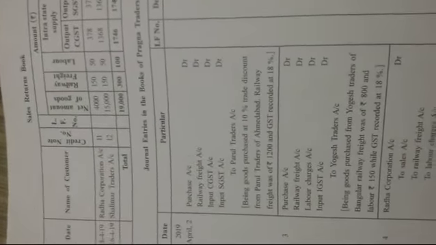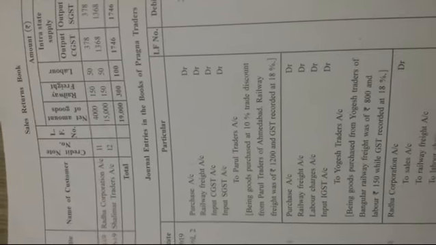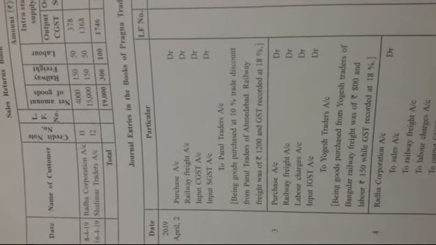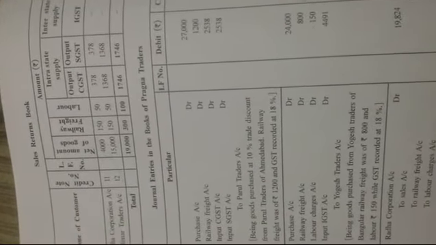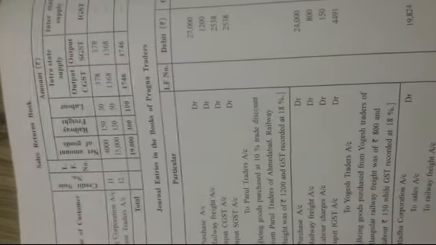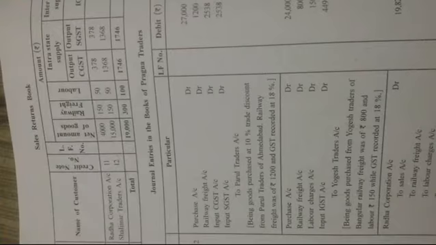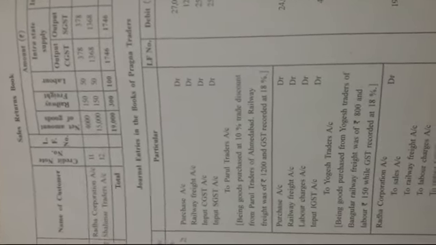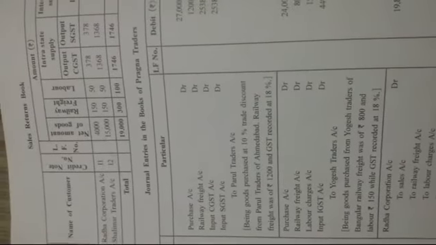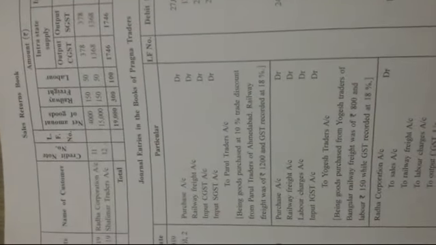Now, Radha Corporation was our customer from Gandhinagar. Therefore, it is considered as within the state, or the intrastate supply. For intrastate supply, 2 types of taxes are paid, CGST and SGST. The total GST rate is 18%, and these taxes are 50-50%. So divide 18 into half, that will become 9%.